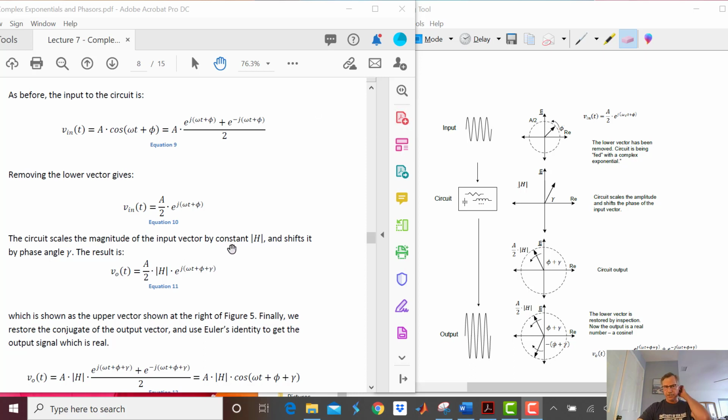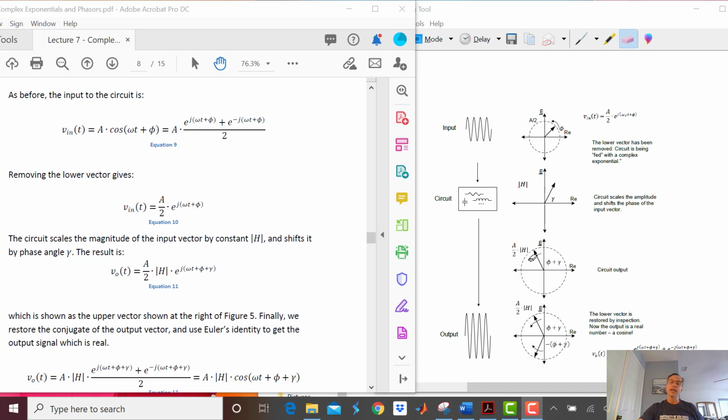Now the circuit is going to scale the magnitude of our input vector by a constant h, and I kind of show that over here, and it shifts it by a phase angle of gamma. In other words, it's going to scale this thing in amplitude, and it's going to go whoosh, and it's going to shift it by gamma, and here is the output of the circuit. Again, this is a complex constant. This is what the circuit does at this frequency.